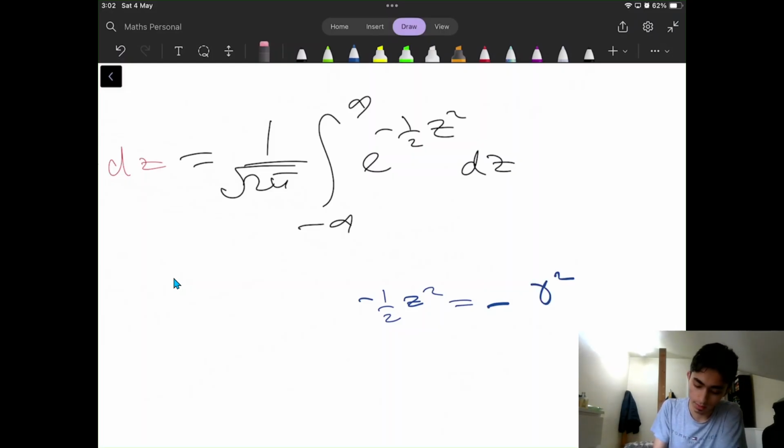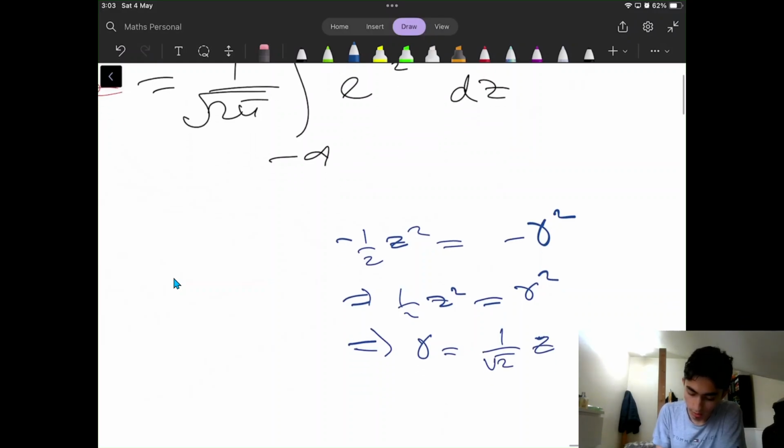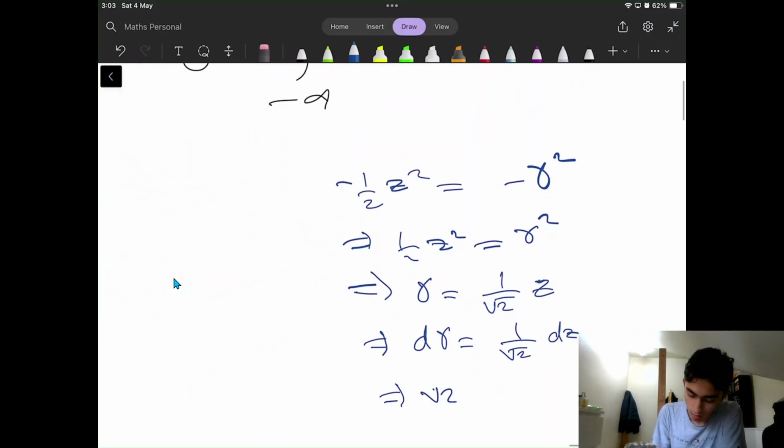I want it to be negative gamma squared. I know it looks like the Euler-Mascheroni constant, but trust me, it's gamma. This means that half z squared equals gamma squared. If you square root both sides, you get that gamma equals 1 over root 2 times z. This allows us to differentiate both sides implicitly and multiply both sides by square root of 2 to get root 2 d gamma equals dz.